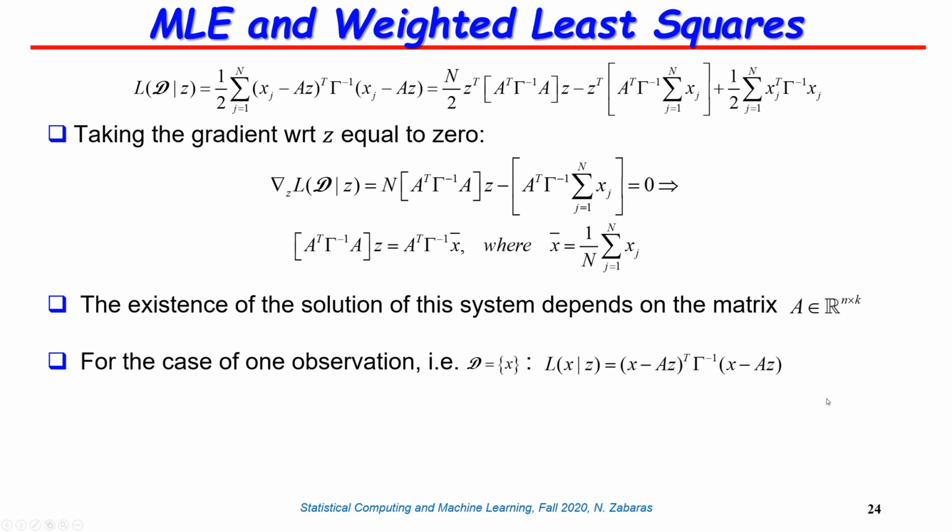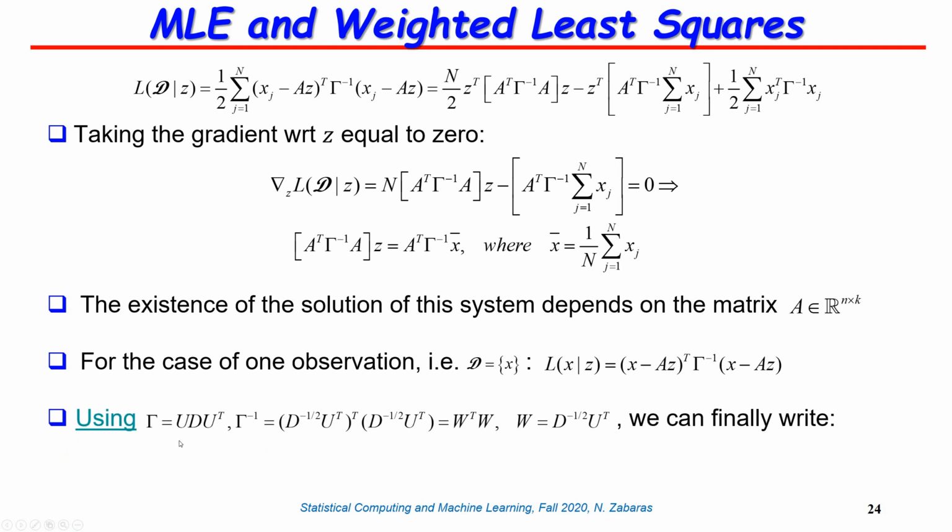And so I am going to rewrite this. I want to find the z that minimizes this negative log likelihood, and to write it as a nice least squares optimization problem, I am going to use the eigen decomposition for gamma. I'm going to write gamma as the orthogonal matrix U of the eigenvectors times the diagonal matrix of the eigenvalues times U transpose.